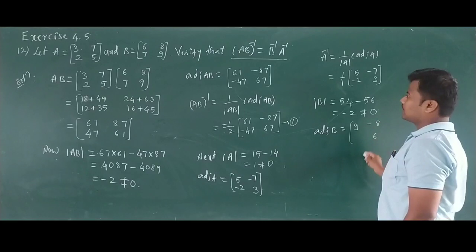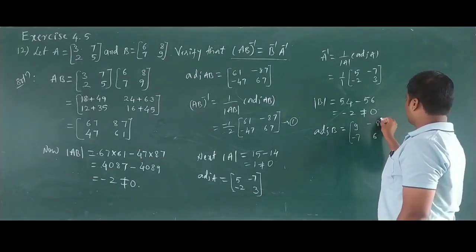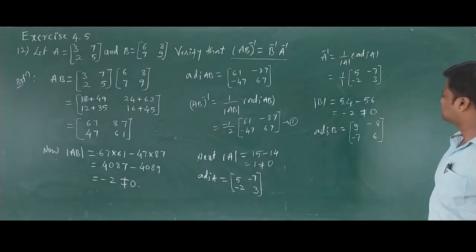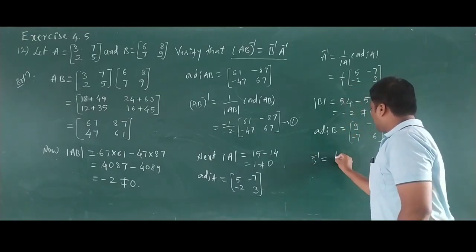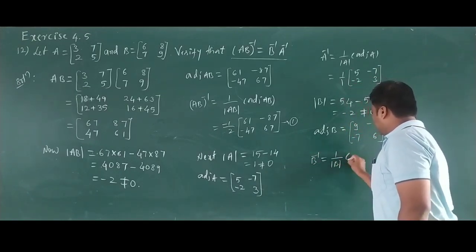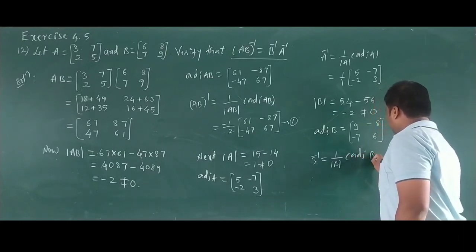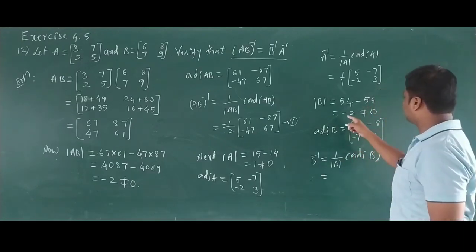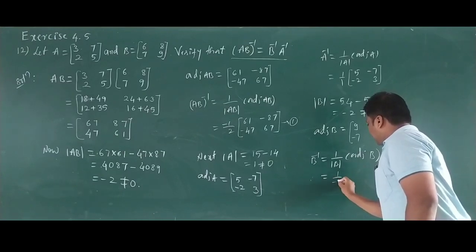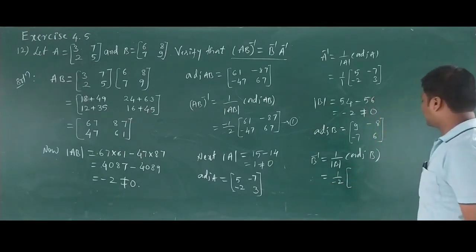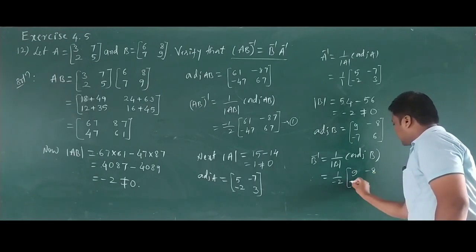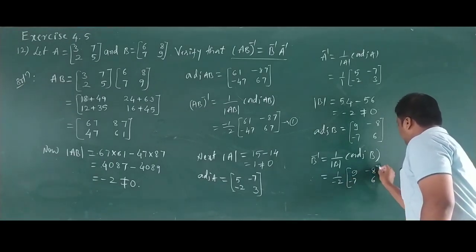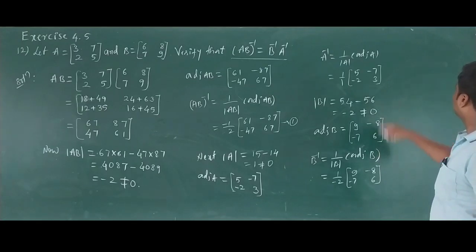Change the sign: minus 8, minus 7. So B inverse equals 1 by determinant of B into adjoint of B. So 1 by minus 2 into adjoint of B, 9, minus 8, minus 7, 6. Okay, so multiply these two.